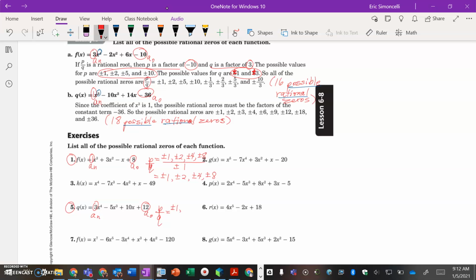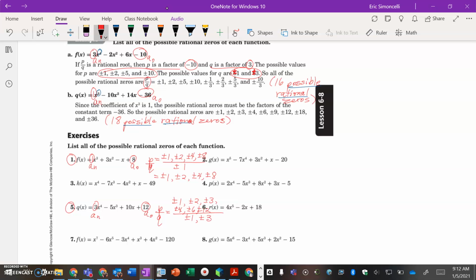Factors of 12, so plus or minus 1, 2, 3, 4, 6, and 12. All of those divided by the factors of 3, which are plus or minus 1 and plus or minus 3.